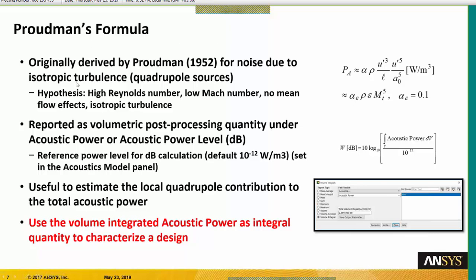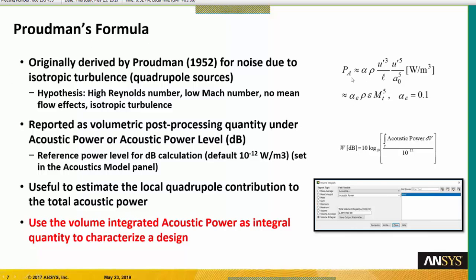Because when I speak about isotropic turbulence, I'm referring to a volume in which you have some isotropic turbulence that is creating some noise because you have interaction between the eddies inside this volume.